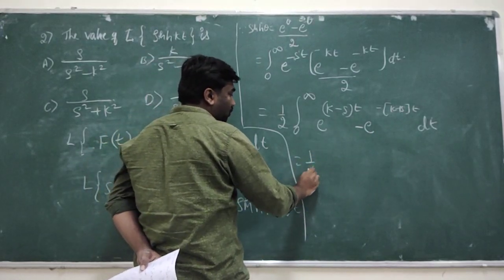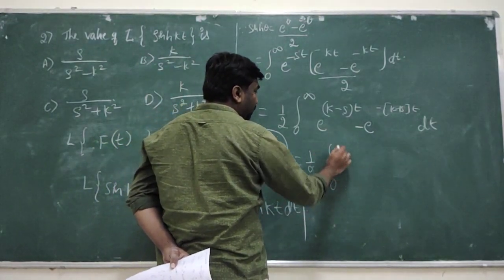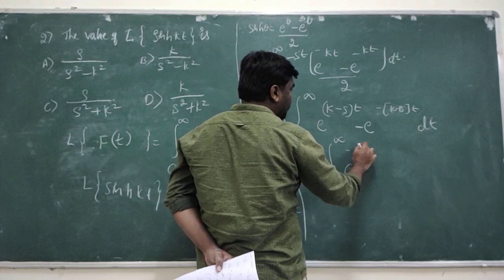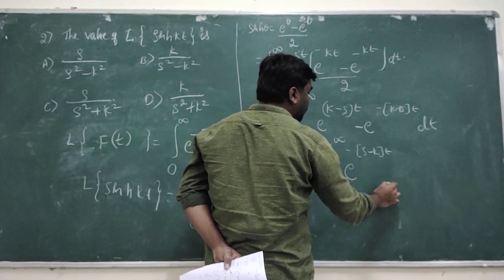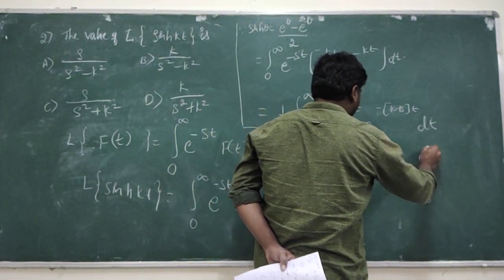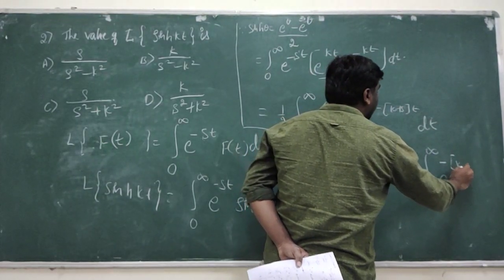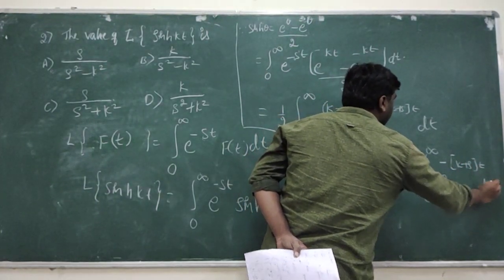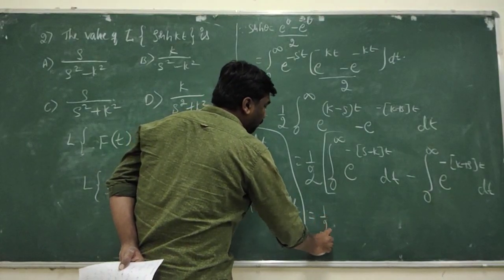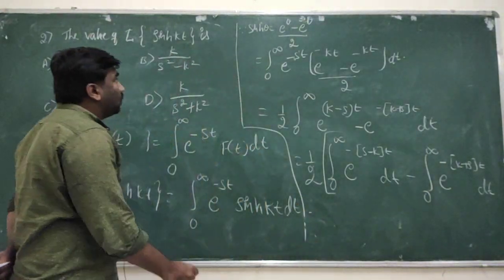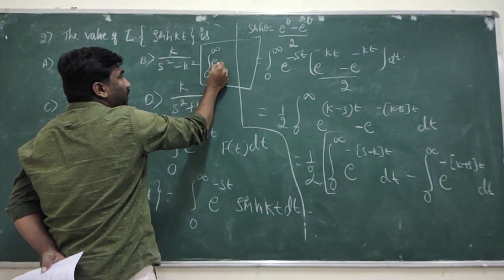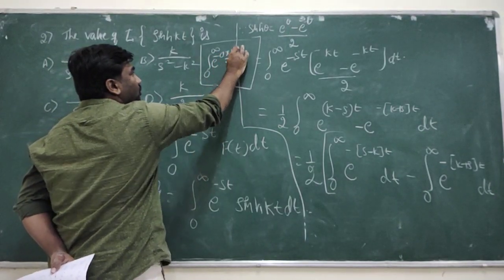Which is equal to 1 by 2 into integration 0 to infinity e power minus of s minus k into t dt, minus integration 0 to infinity e power minus of k plus s into t dt. Okay, so which is equal to 1 by 2 into, since we have a formula that integration 0 to infinity e power minus ax is equal to 1 by a.